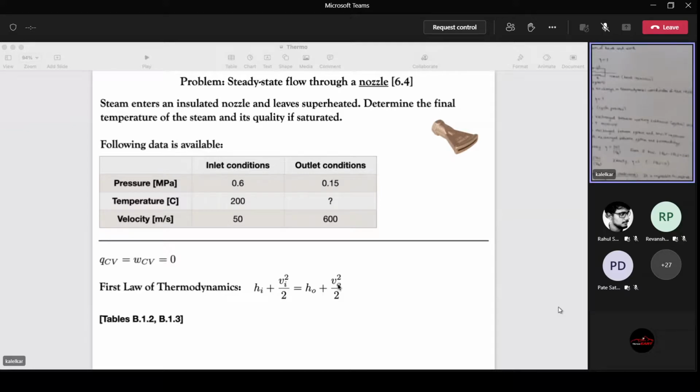Okay, so let's look at the inlet. So he says 600 kilopascal, that's the condition, and 200 C. So which table shall we look at?